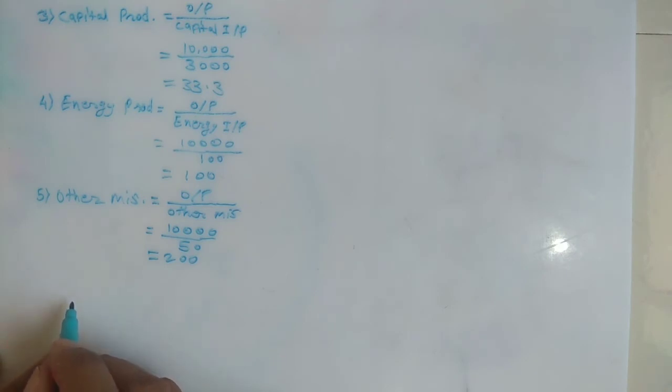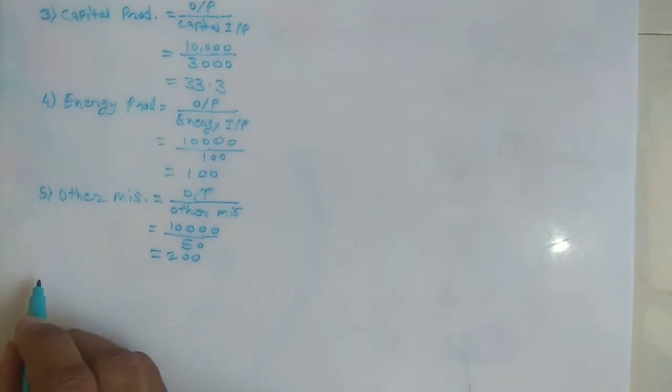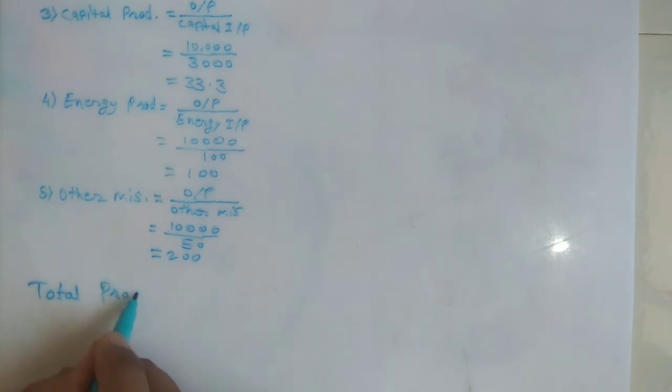Let us move towards the total productivity. We have the formula: total productivity equal to total output divided by total input.